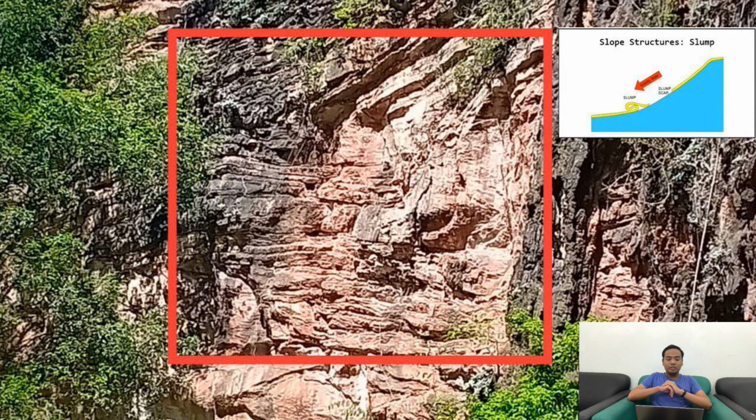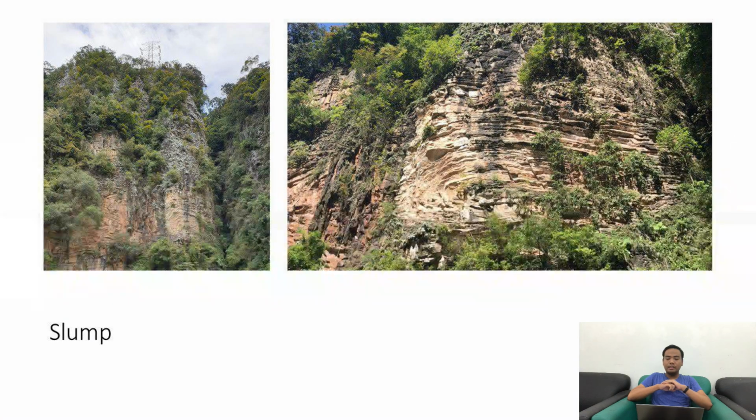The origin and use of slump structure as an indicator of paleoslope have been documented in many works. Slumps are common in mudstone and limestone deposited on steep slopes. They are commonly faulted and folded. They can be indicative of a fast deposition rate.